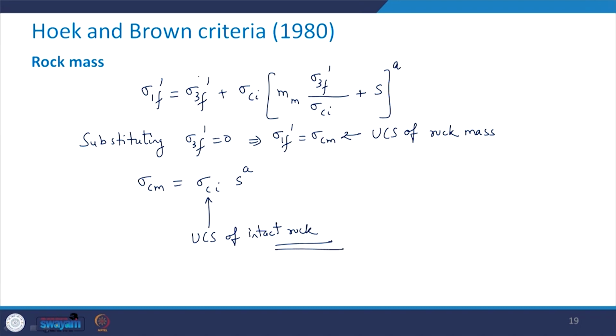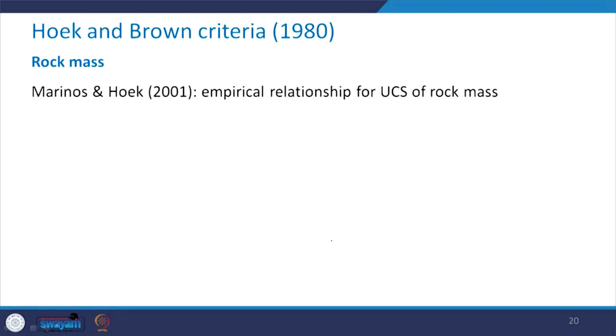Now, how to get the sigma Cm from the other way?